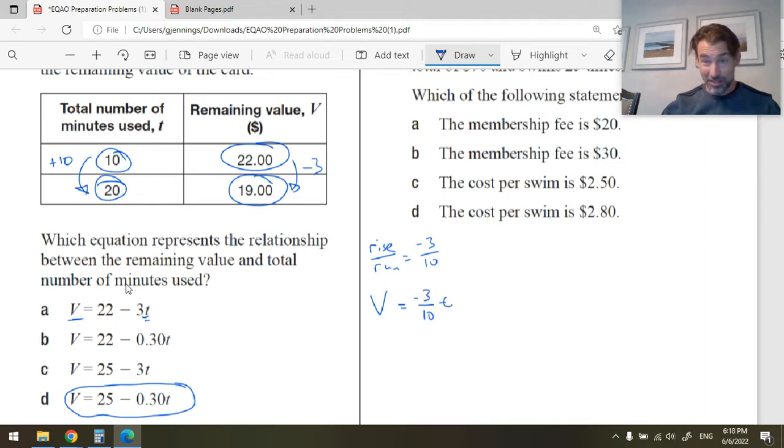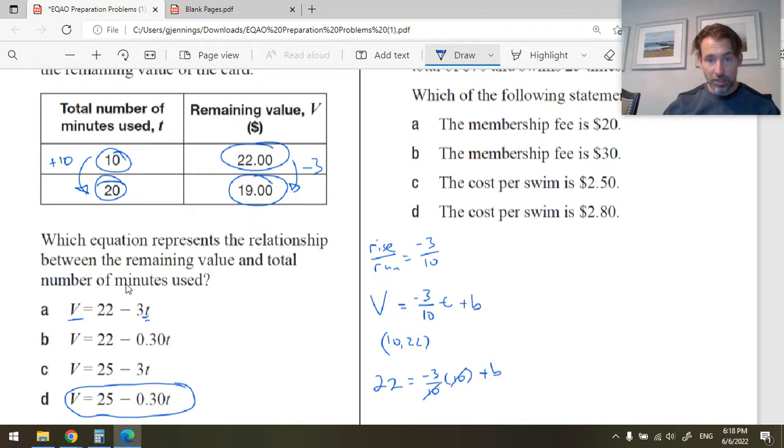I could use 30 cents because it's 30 cents per minute. But whatever, I like fractions, so I'm going to keep it as a fraction, plus some initial value b. And now I take one of these points, let's take 10, 22, and sub that in. So v is 22, equal to negative 3 over 10 times 10 plus the value b.